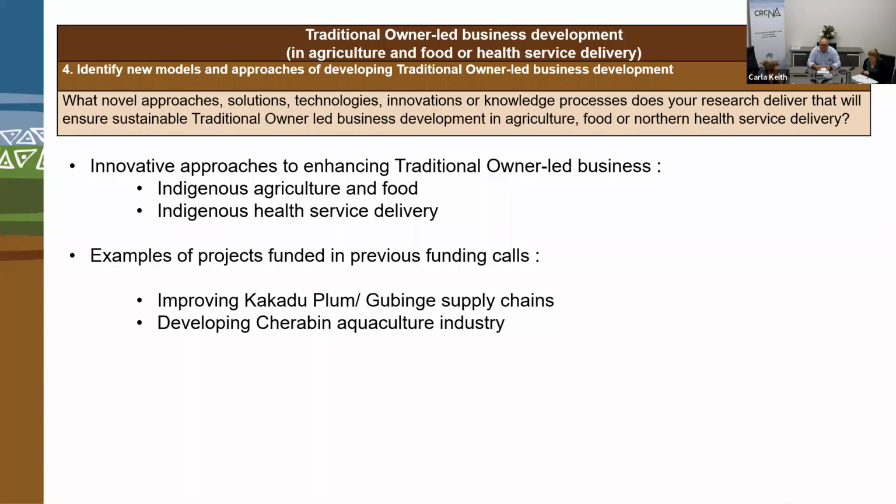Projects that we've funded include improving Kakadu plum and gubinge supply chains within Northern Australia to improve the profitability of that sector, or developing a cherimoya agriculture industry in Western Australia. That's the type of traditional owner-led projects that we've funded so far, just to give you an example.